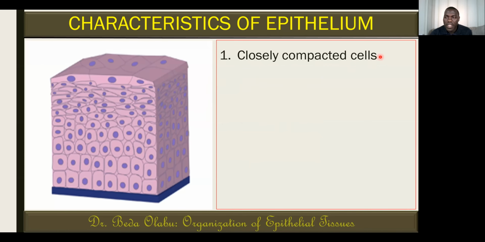The cells are very close to each other. And if the cells are closely packed, then it means that the matrix, the material between the cells, is very minimal. And so those two go together as the most fundamental property of epithelial tissues.